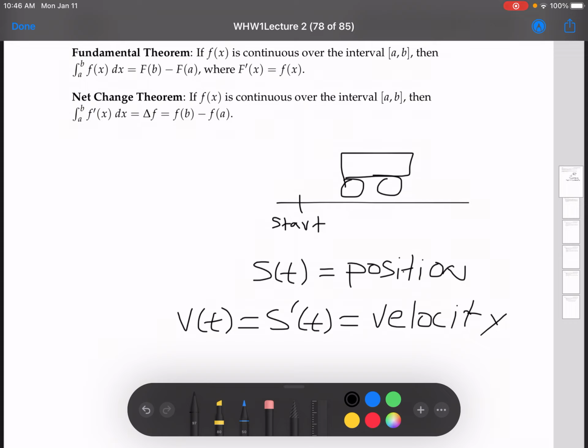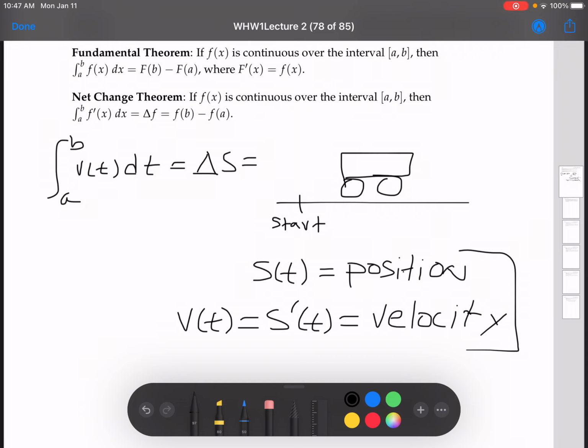And so, applying these definitions to the net change theorem, s prime is v of t, so we have the integral of v of t equals the change in s, otherwise known as s of b minus s of a.